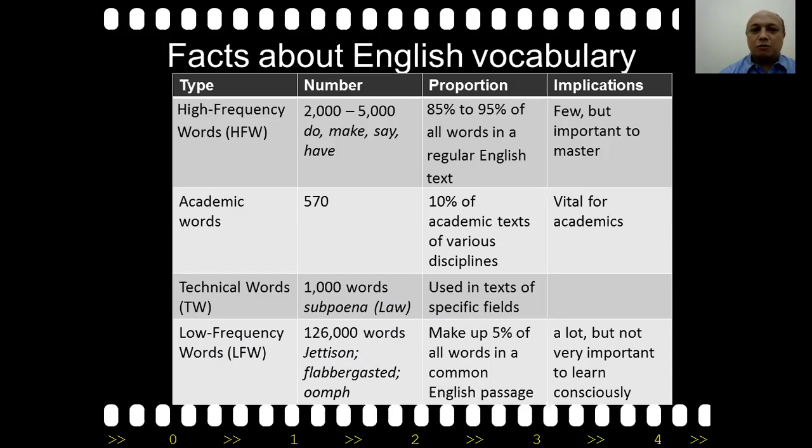At least not as frequently as the high frequency words or academic words. So this covers words like jettison. Jettison means membuang. Flabbergasted, you know what it means? Flabbergasted means terpesona, heran, terpesona.